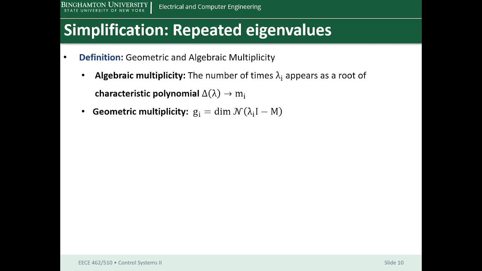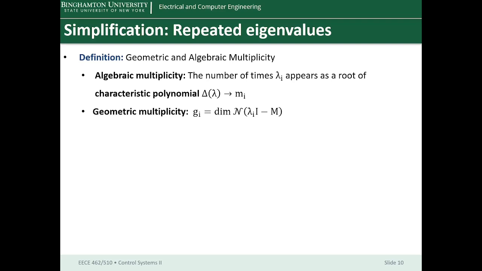If it appears 3 times, the algebraic multiplicity is 3, and so on. We usually denote this number as m_i, and the geometric multiplicity tells us how many independent eigenvectors we can actually find for that eigenvalue. It's the dimension of the null space of the matrix lambda_i times I minus M. We usually call this number g_i.